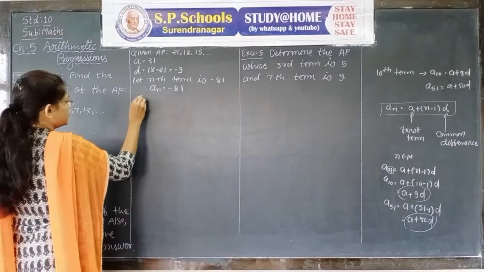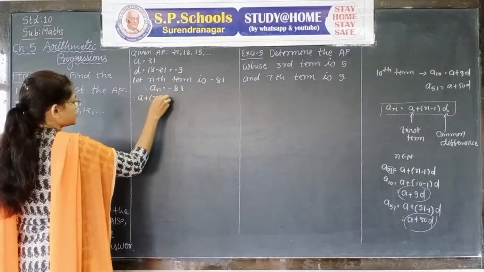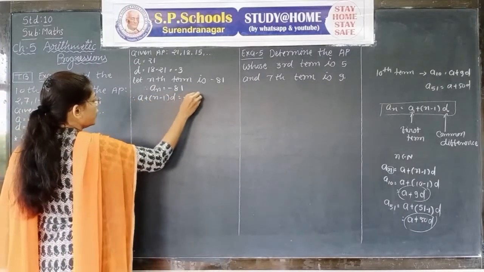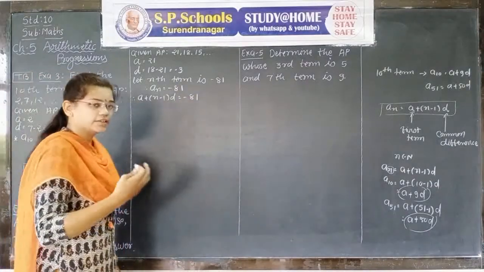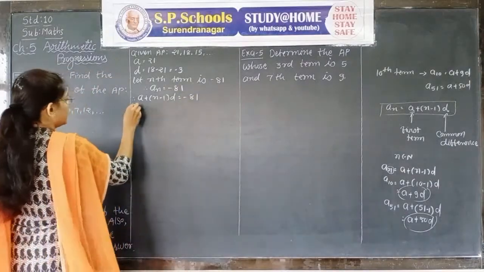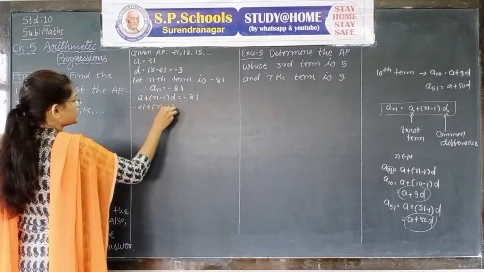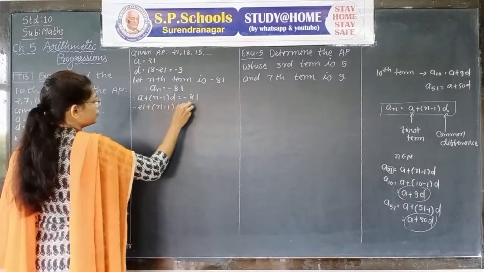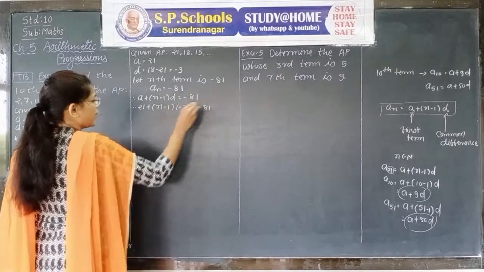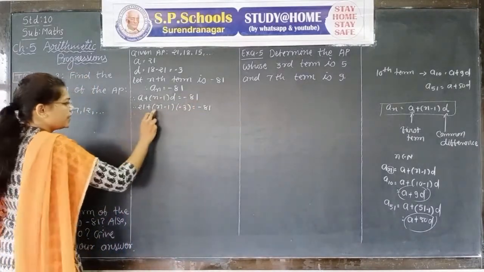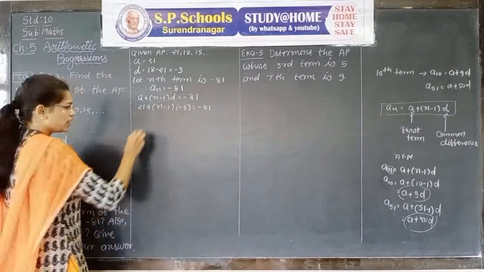Instead of an, a plus n minus 1 into d is equals to minus 81, and we find the value of small n. a is equals to 21, plus n minus 1 as it is, and d is equals to minus 3, equals minus 81.